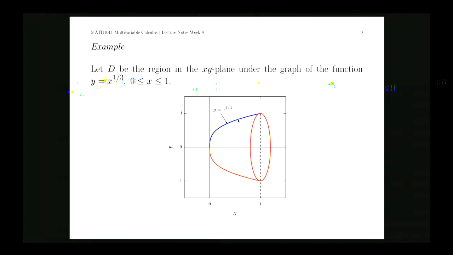Then you do the integral to sum them all. A slice here, say at a half, is a half to the third all squared, that's its radius, times pi. You imagine slicing this thing up and then summing them all.